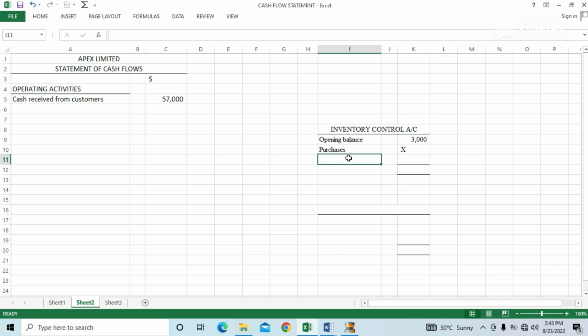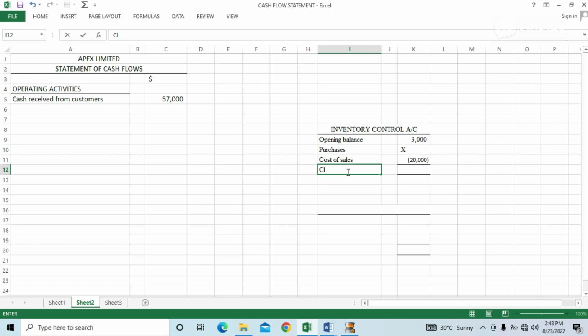So how much do we use? So that one we are going to subtract. So the cost of sales was 20,000. That was in the income statement. So we have minus 20,000. So that is what will give us the closing balance for the inventory.